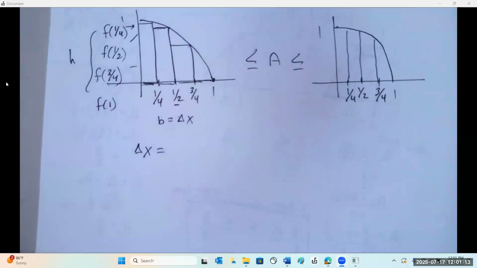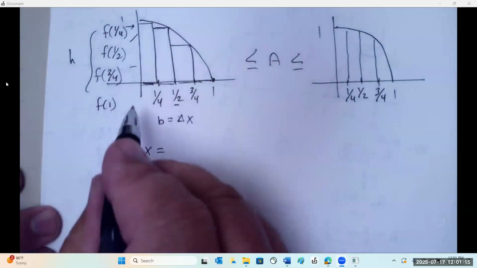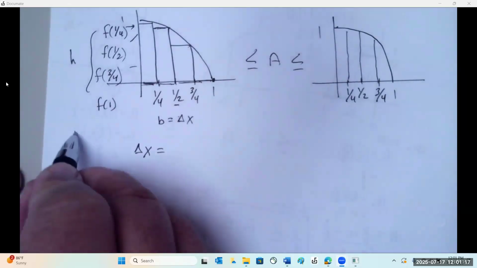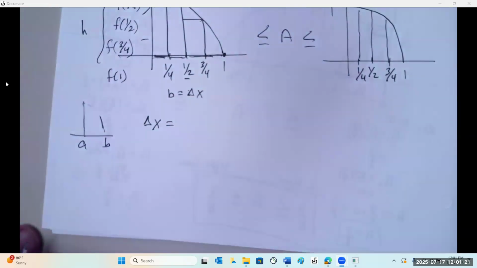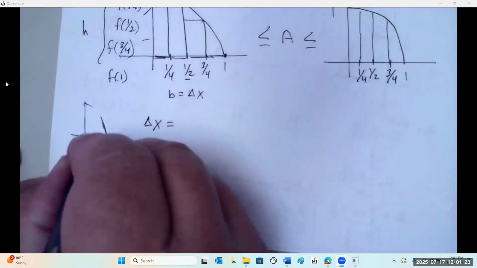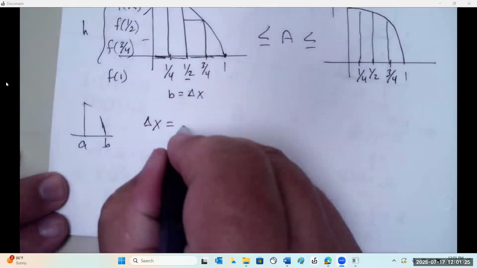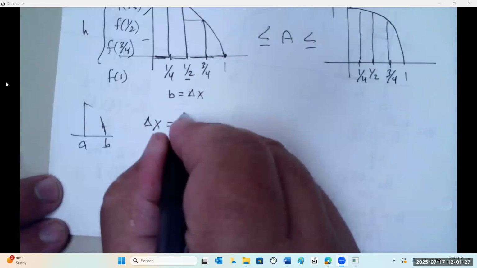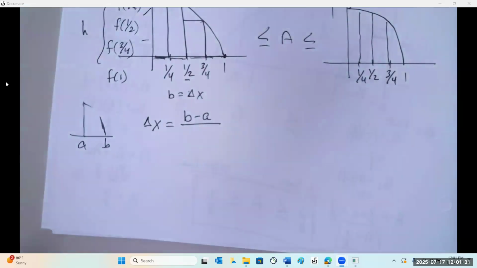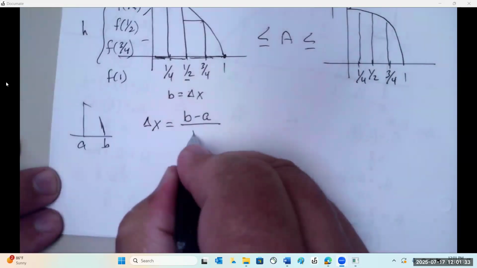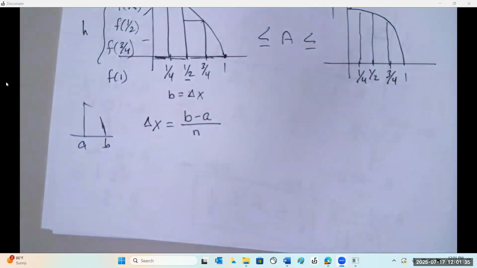For right now, they have to be the same size. Well, remember, we have a beginning and an end in our domain. So to find the delta x, we find the difference between two numbers and divide by how many we want.